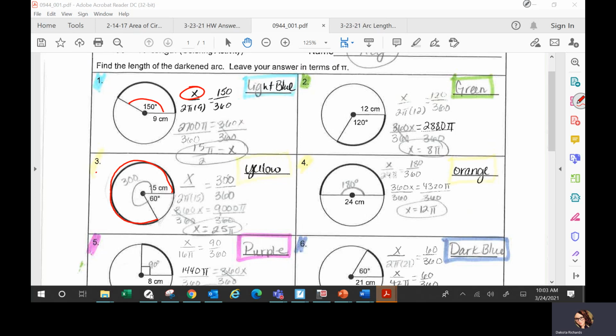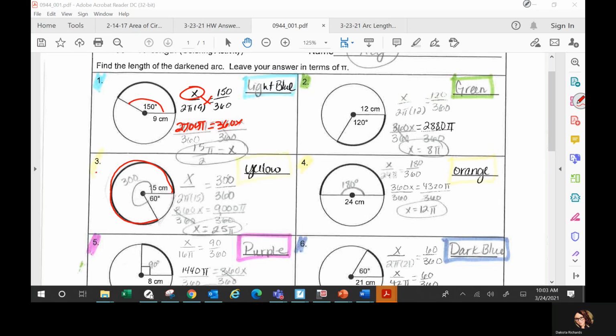it goes here. What's 2 times 9? Okay, so what is 18 times 150? That's where I get 2700 pi equals 360x. I just cross multiplied. And then I'm dividing by 360.